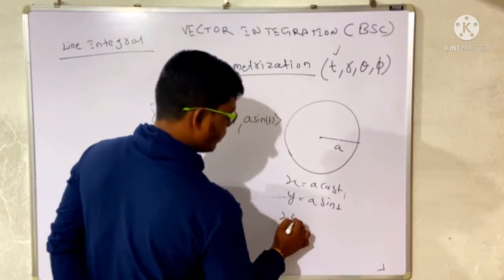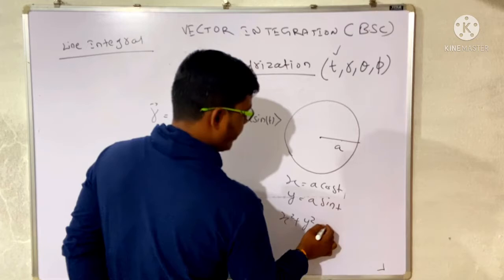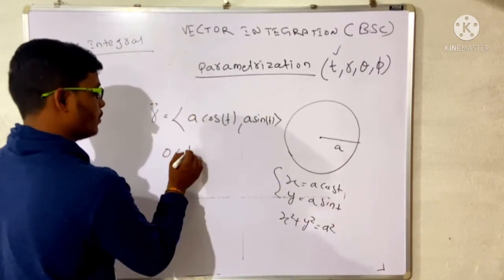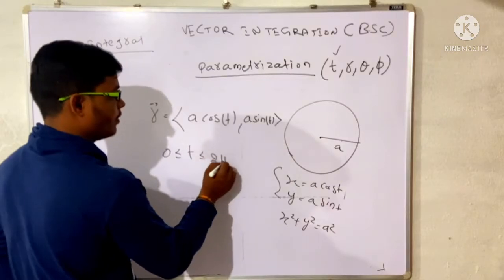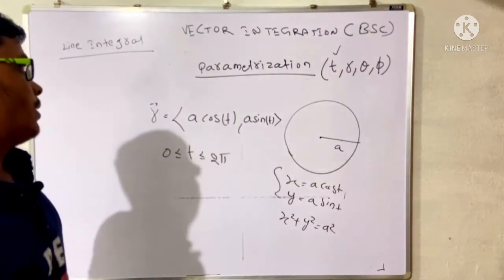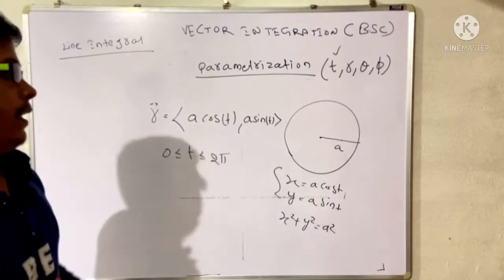And we know x square plus y square equals a square. Solve this, you will get a square. So what is the limit of t? 0 to 2 pi. So these are all the parameterizations for the line integral.